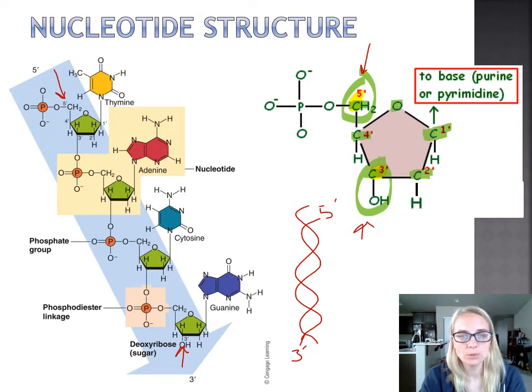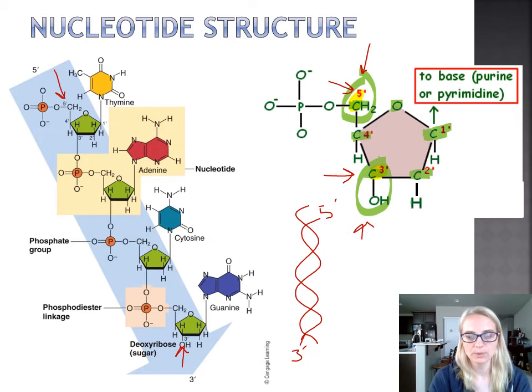So when we talk about the 3' end and the 5' end, all we're referring to is the unattached ends of the 3' and the 5' carbon. 1, 2, and 4 don't play any part in the bonding between these adjacent nucleotides. We'll be talking about that more, but this is where those numbers come from.